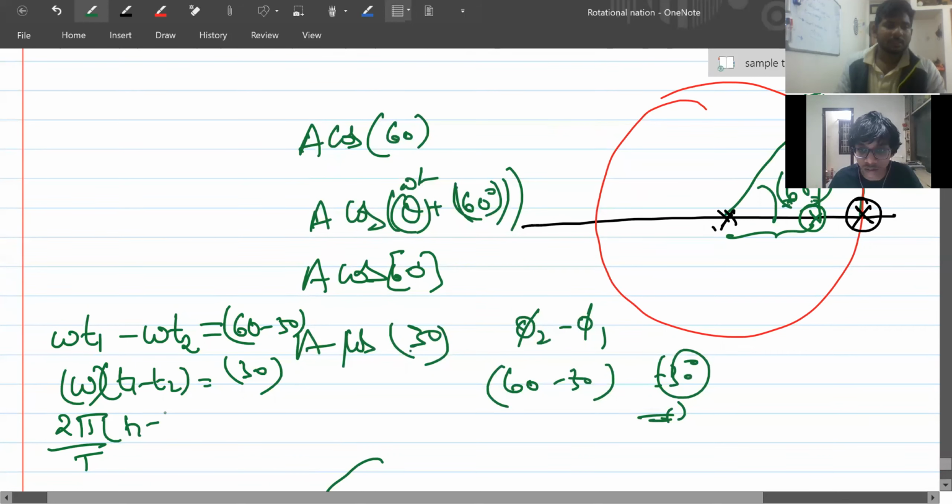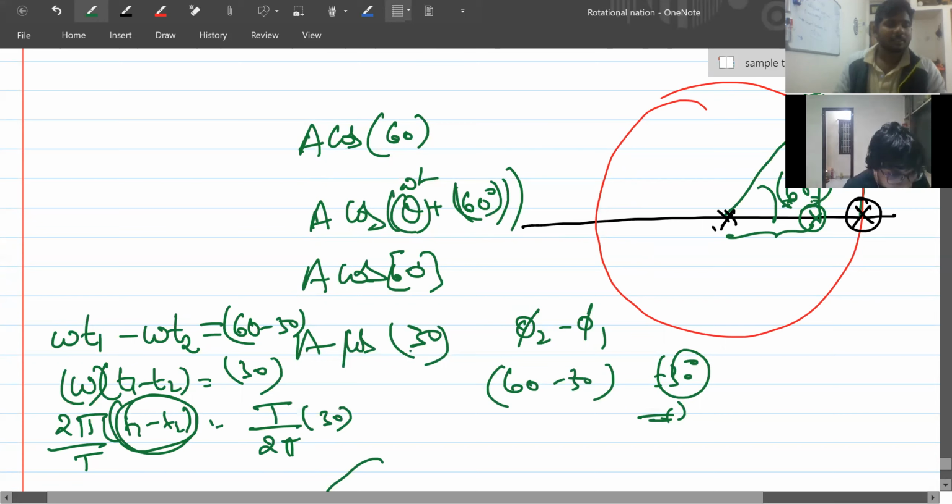If I am able to find out the time difference, then can I solve the problem, like this, T by 2 pi into 30? The 30 can be gotten by delta t, the time difference, into 2 pi by T or not? Did you get the formula?